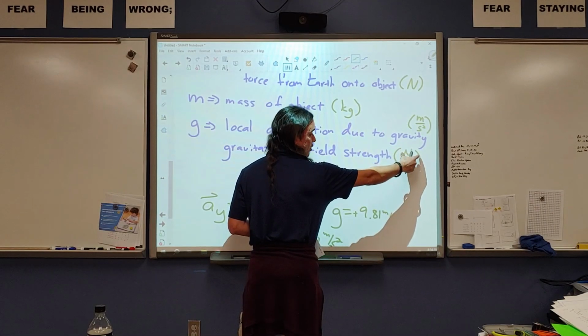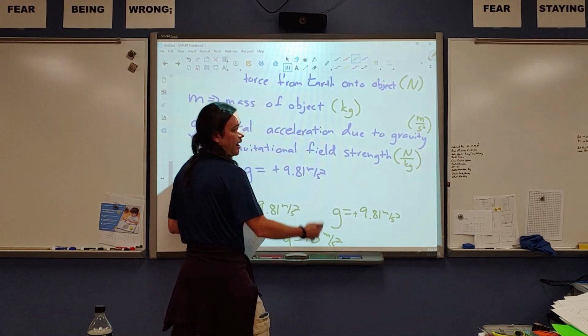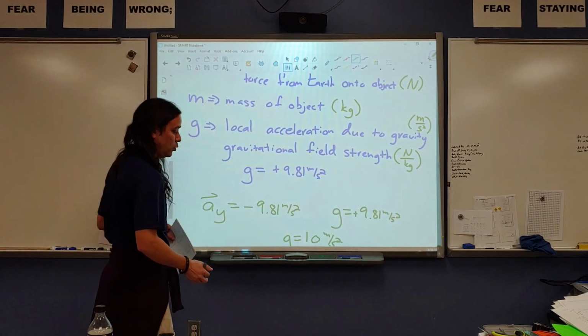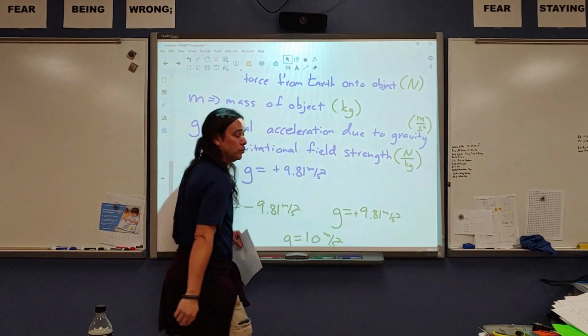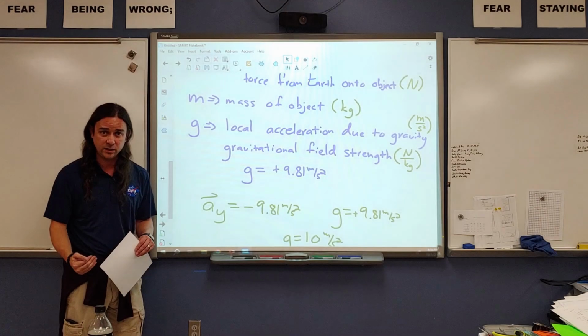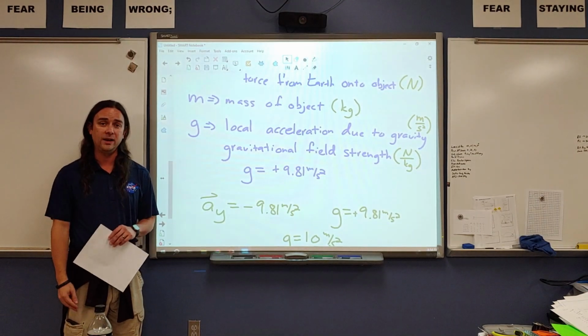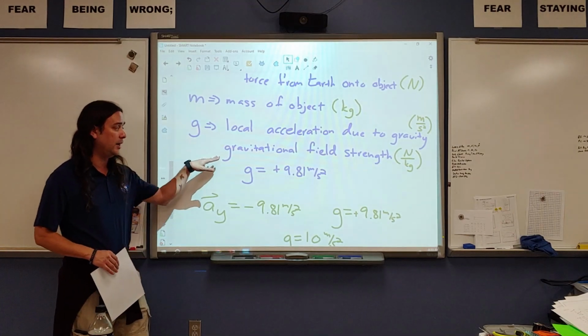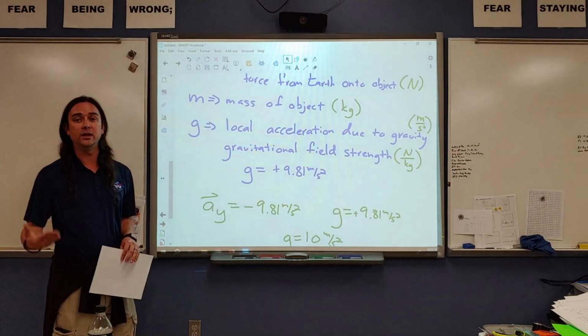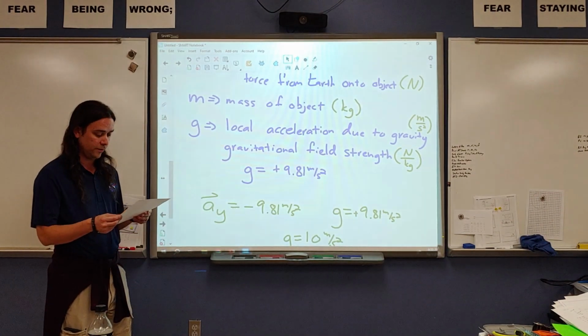So if I expand the Newton, the kilograms would cancel out and would leave me with meters per second squared. It's possible that on the AP exam they may give you a value in Newton per kilogram, and that's why I'm emphasizing this, so that you can be ready to work with that. It's another way of writing meter per second squared, and it's only really applied when they're describing the acceleration caused by gravitational effects.